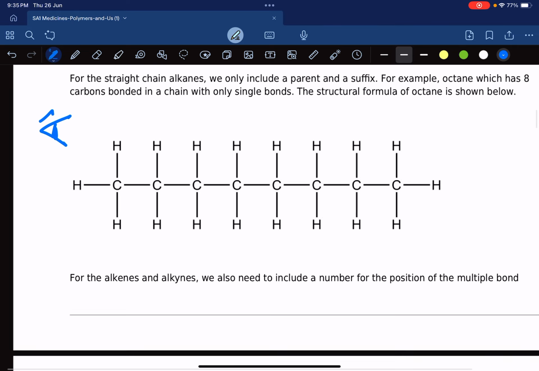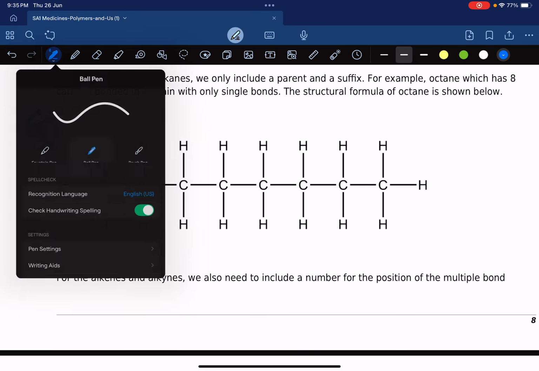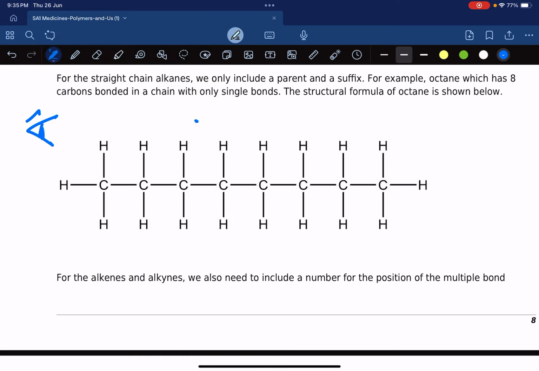We start numbering: 1, 2, 3, 4, 5, 6, 7, 8. So there are 8 carbons here.